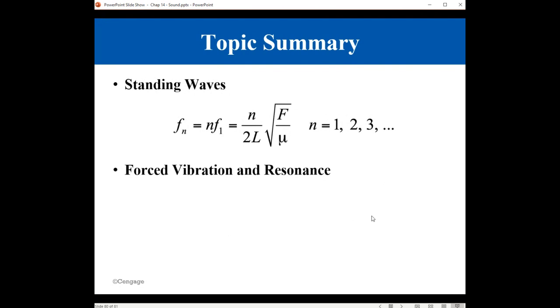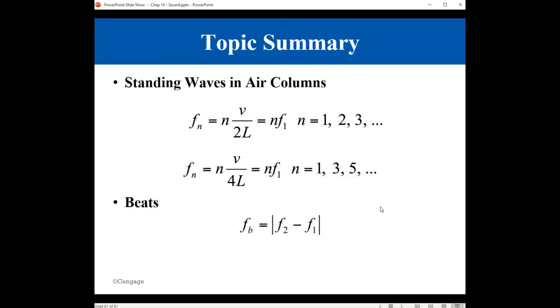Then we talked about standing waves in strings and in pipes. We learned that the frequency for any harmonic is an integer multiple of the fundamental harmonic. We learned about beats, which is the difference between the two frequencies.